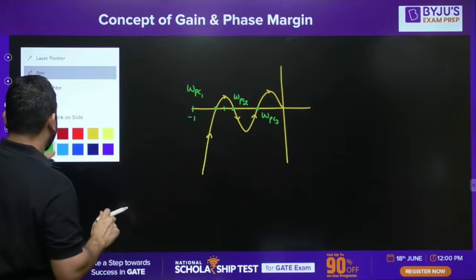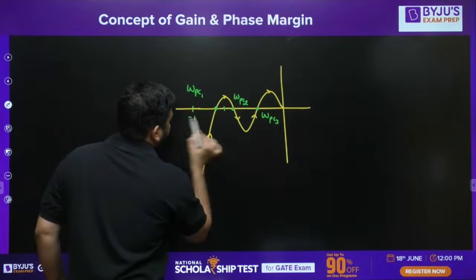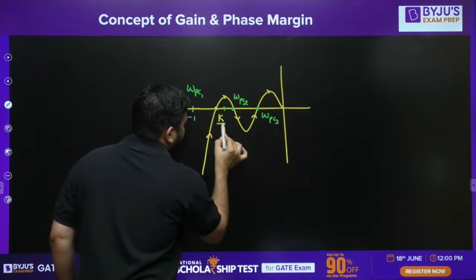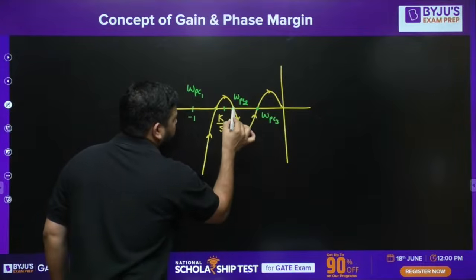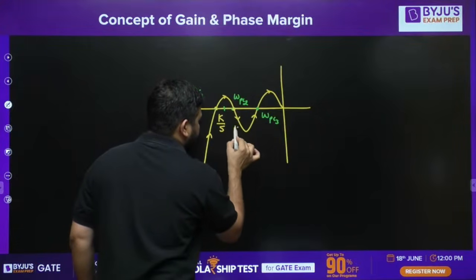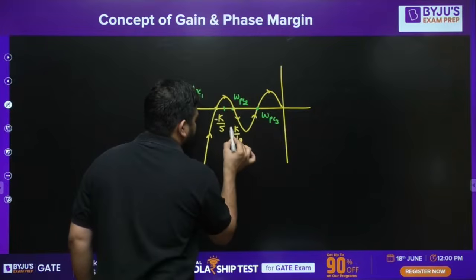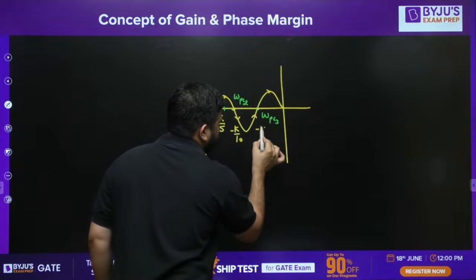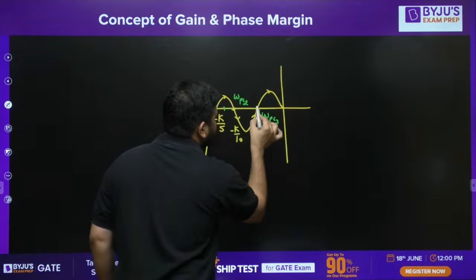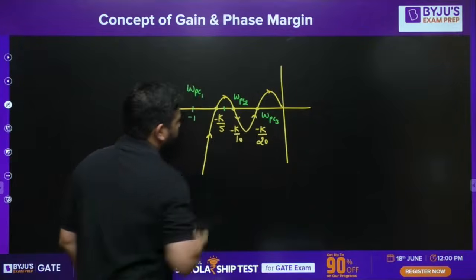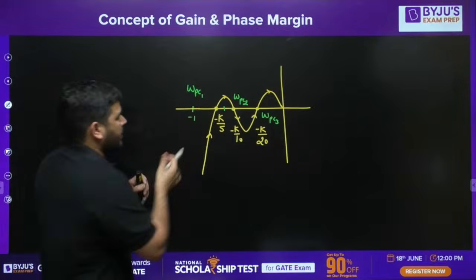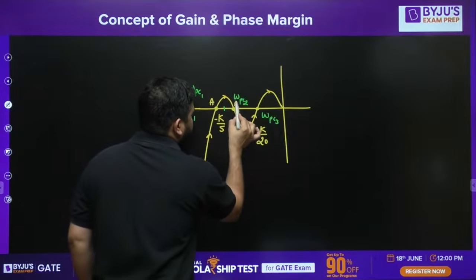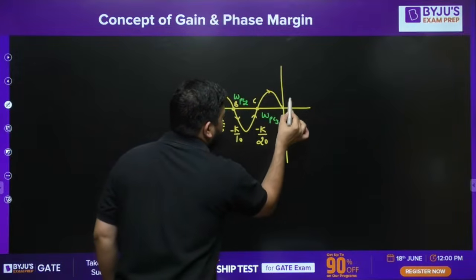Let's say the -1 is lying here. And this point is -k by 5, this point is -k by 10, and this point is -k by 20. Let's say these points are provided to us, and these points are A, B, C, D.